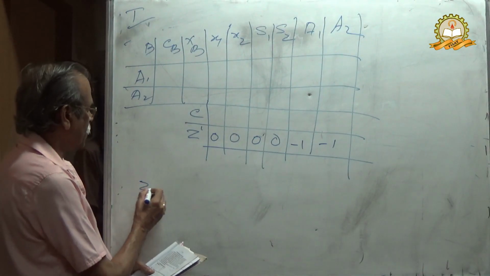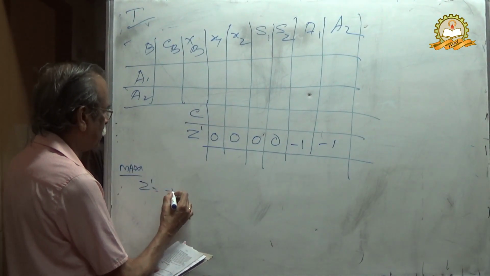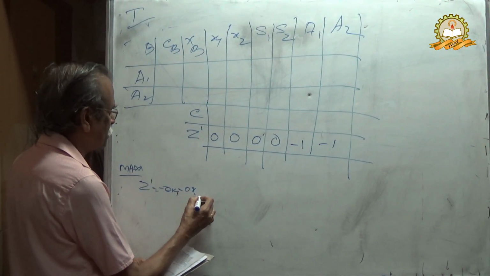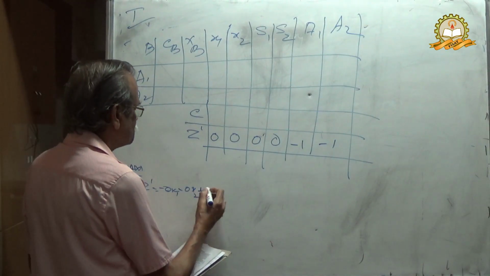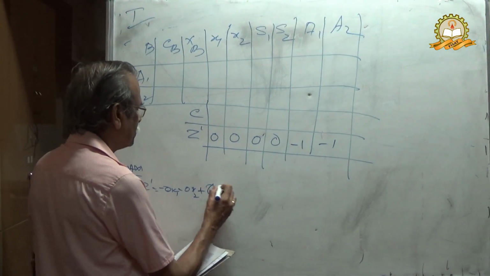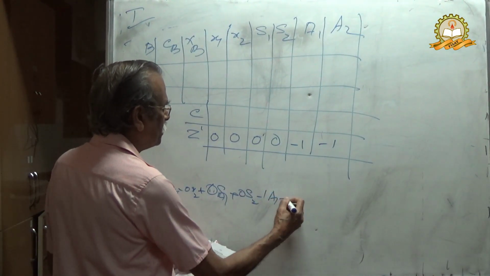Remember, z dash equal to maximum equal to 0x1 plus 0x2 plus 0s1 plus 0s2 minus 1a1 minus 1a2.